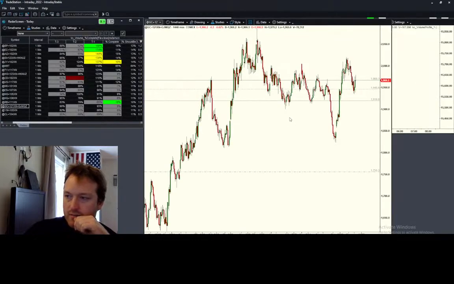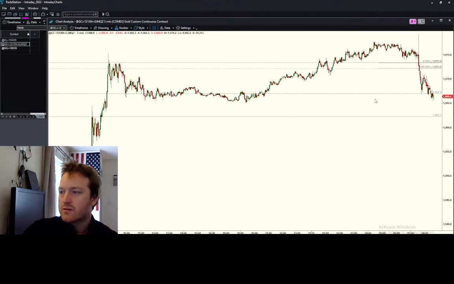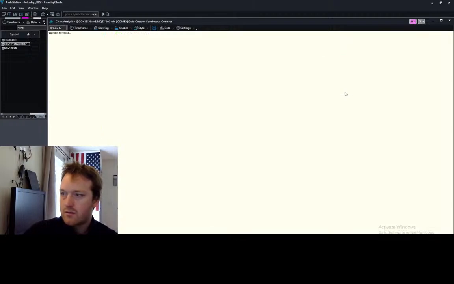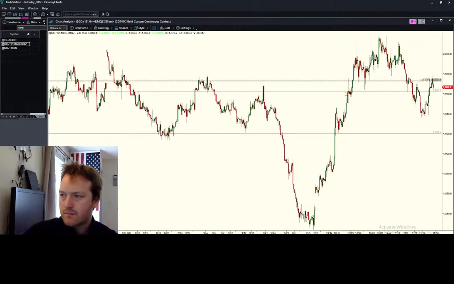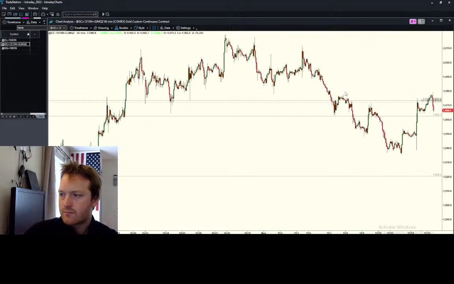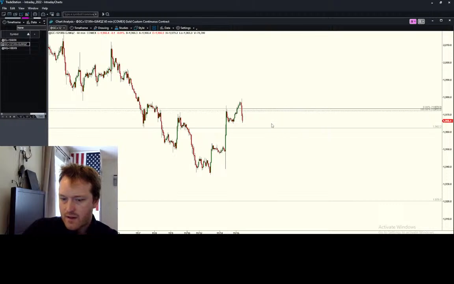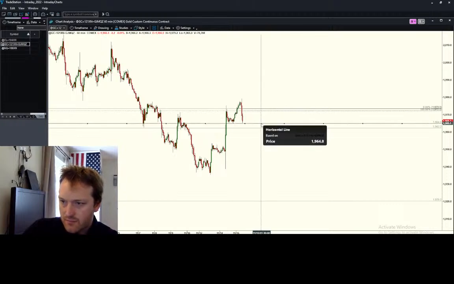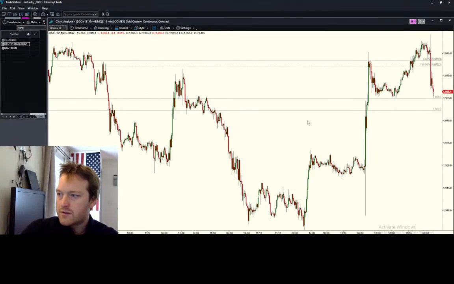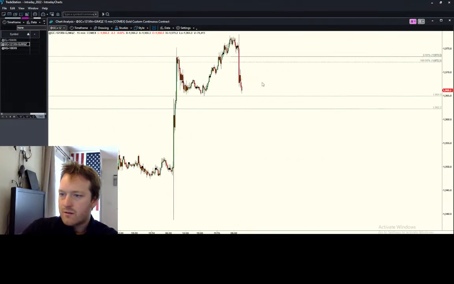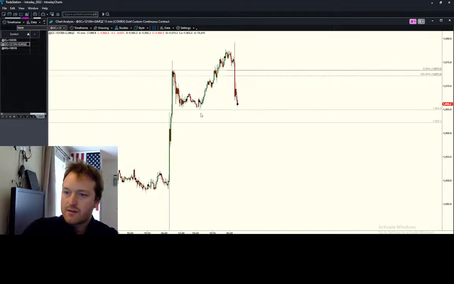Let's look at the bigger time frames. Gold looks like it's about to break lower. It's hanging out at these lows, which is interesting. It's interesting that it's bouncing from there, because that's an important low.